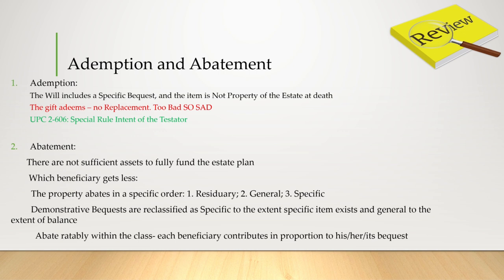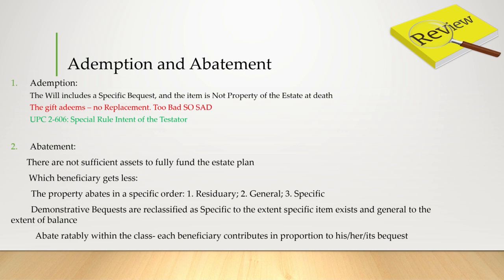The UPC has a special rule that will look to the intent of the testator. What you would absolutely need is facts explaining intent. Something along the lines of testator sold Blackacre and took the funds from Blackacre to purchase Whiteacre because testator wanted the beneficiary to have a better house, something along those lines.